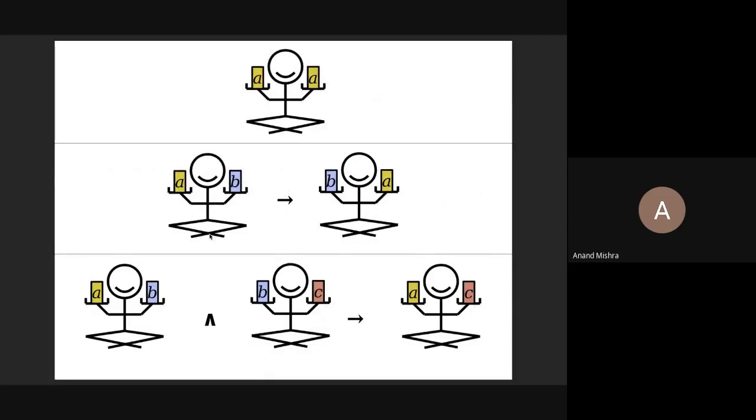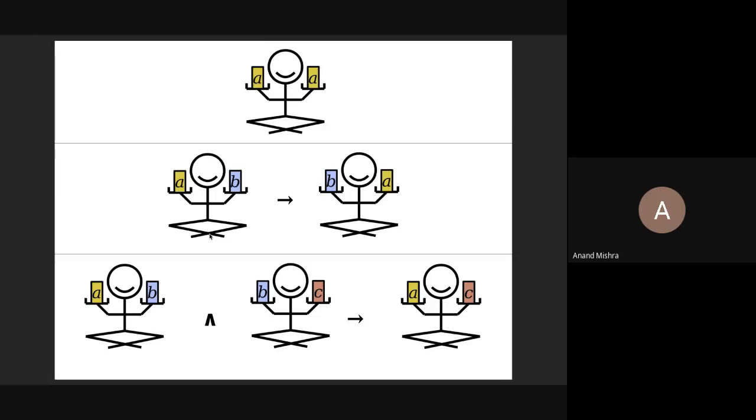So now that we know binary relations, we will talk about a special type of binary relation, called equivalence relations. This equivalence relation is pictorially shown here in three parts, right? The first part is saying that if you take A and A, they are related.